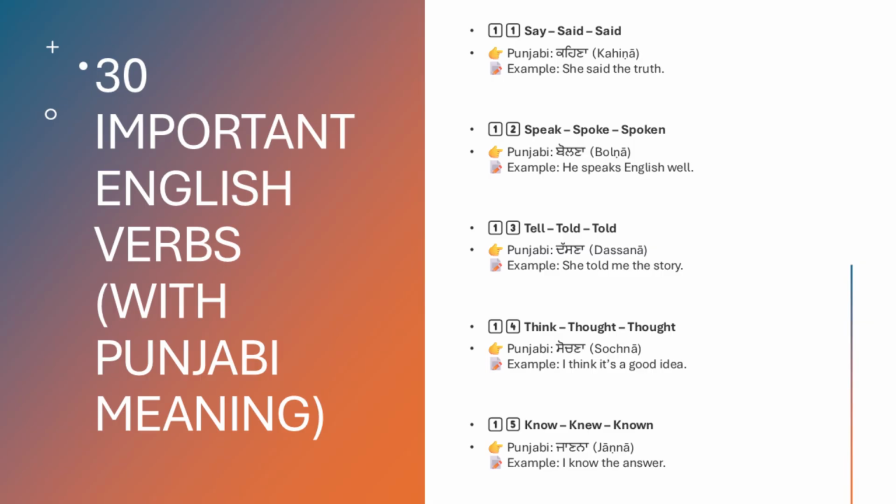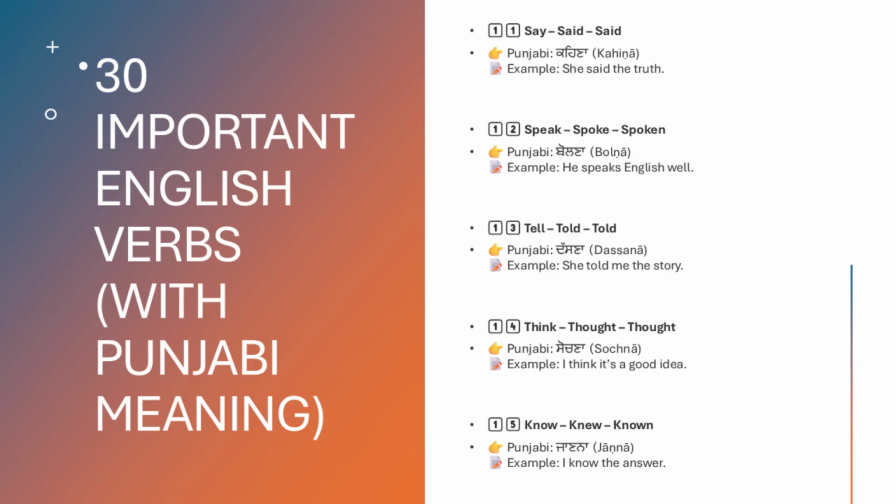And the 12th verb is speak, which means बोलना. Speak, spoke, spoken. For example, he speaks English well, where speak is the base form, spoke is the past form, and spoken is the past participle.